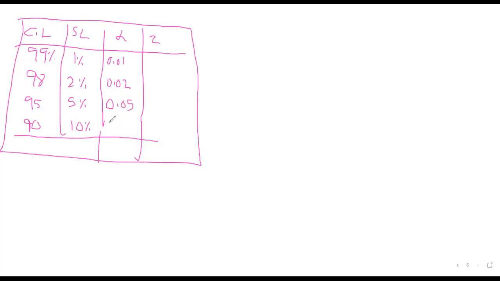And finally? 0.1. Okay, the ladies will give me the upper two, the gents will give me the down two. I'll start with the gents. Here? 1.96. Here? 1.645. And here, the ladies?